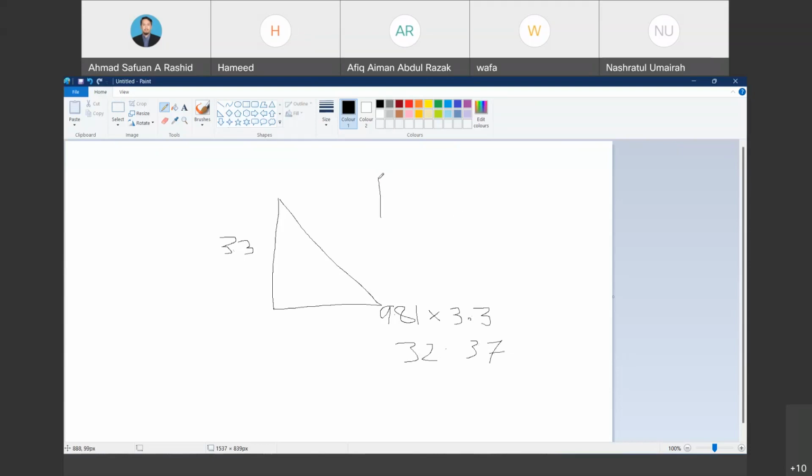Then we determine the PW. The PW is the area of this distribution diagram. So half times 3.3 and then times 32.37. So that is the way how we determine the PW.